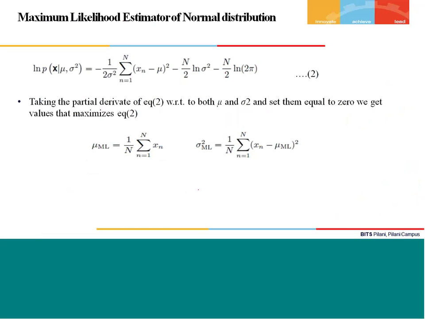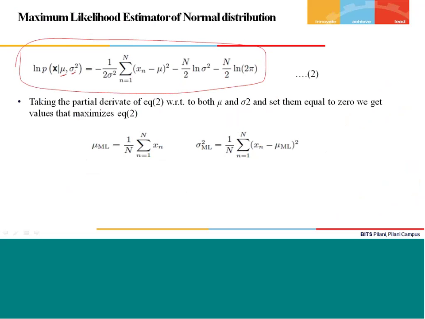So now you want to find out what are the parameters that maximize this expression, that is the maximum likelihood. So you want to differentiate it with respect to sigma square and mu, because these are the two parameters which you want to find.